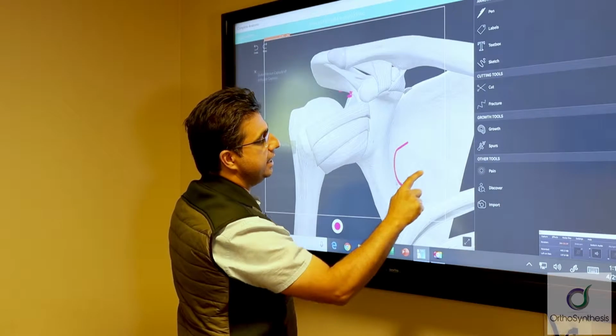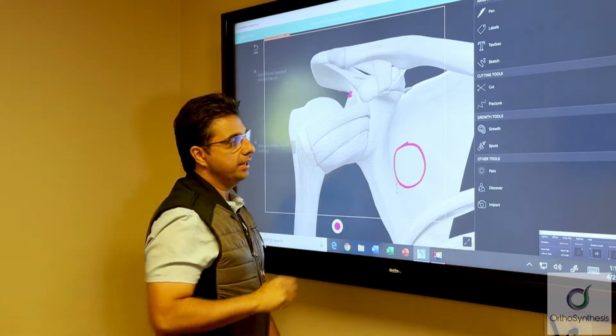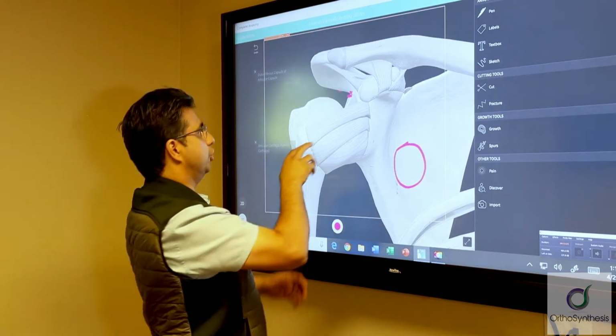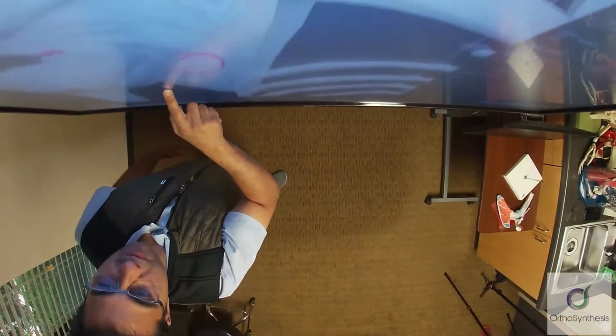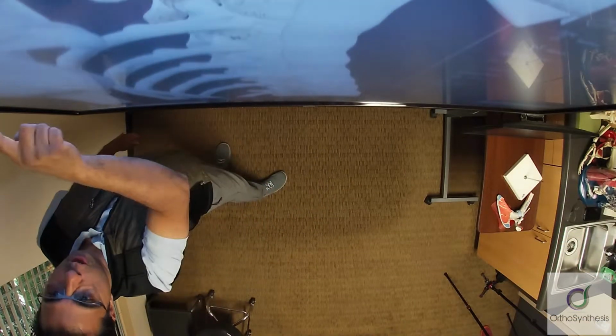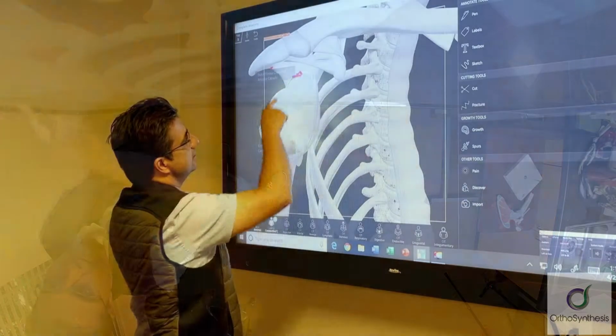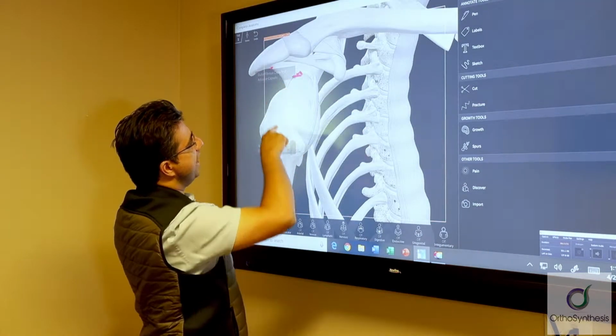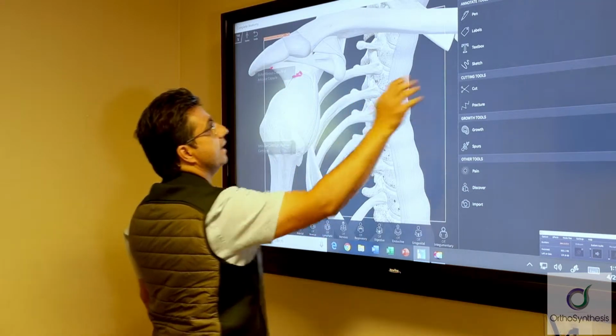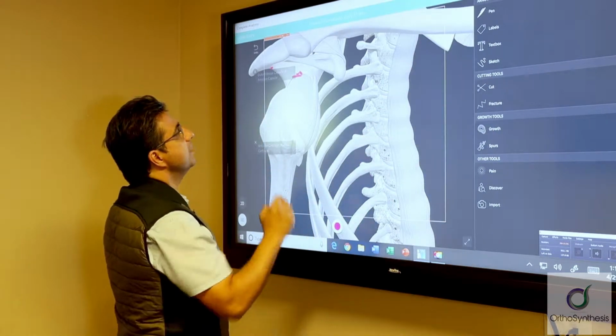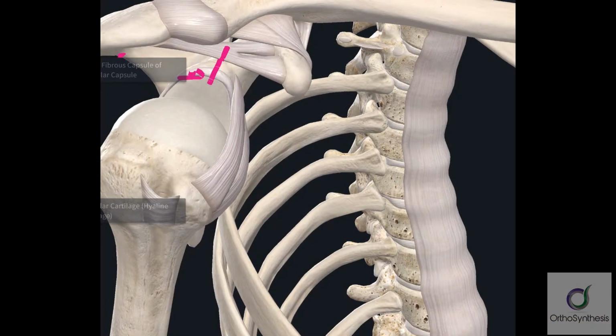So if you take the glenoid, which is the socket over there, and you're turning it around, so if you're looking at it from the face, that means I'm actually looking at it from this angle, okay? So that's the face. If I were to look at it in that plane, then you say this is the 12 o'clock position.